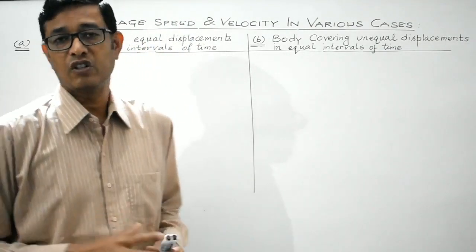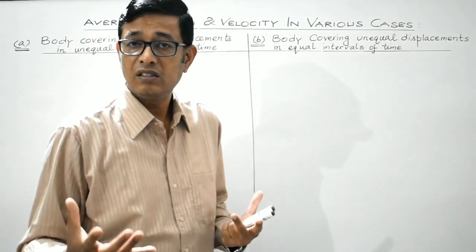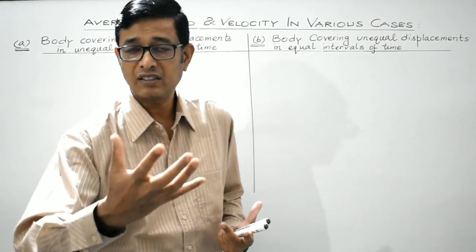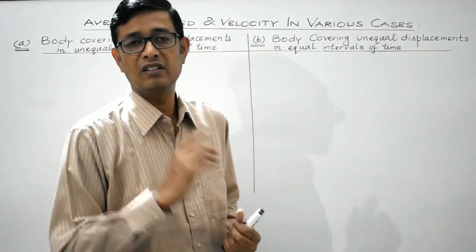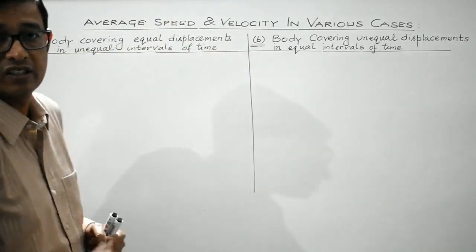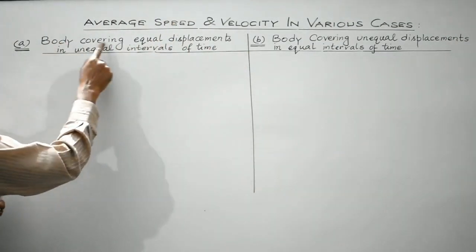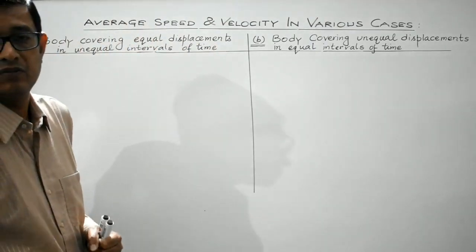So in this session we will be discussing the formulas to calculate average speed or average velocity in various cases. These are the two cases we will discuss. First, a body covering equal displacements in unequal intervals of time.